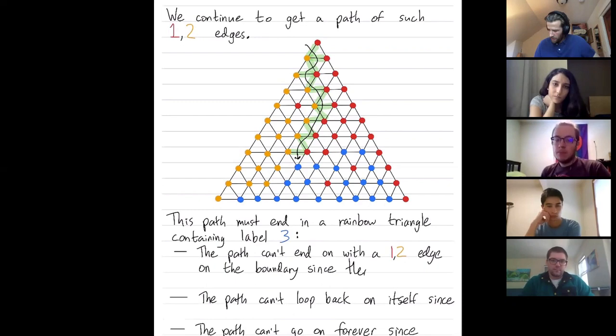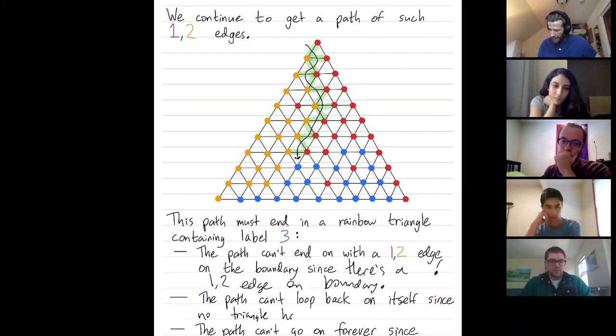So since there's a unique 1, 2 edge on the boundary, the path can't loop back on itself, since no triangle has 3 1, 2 edges. I should write out the number 3.